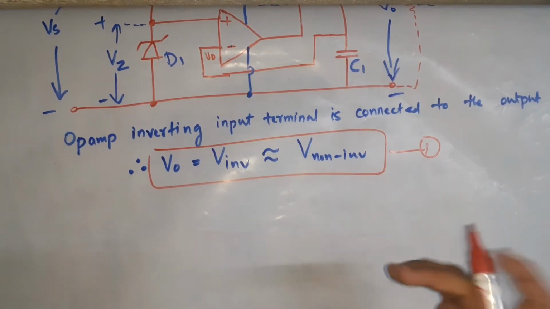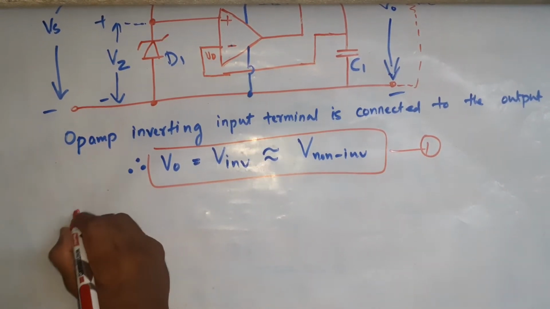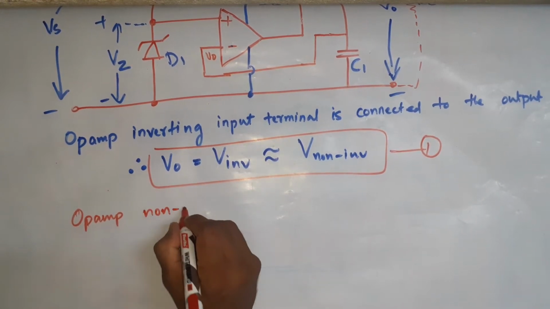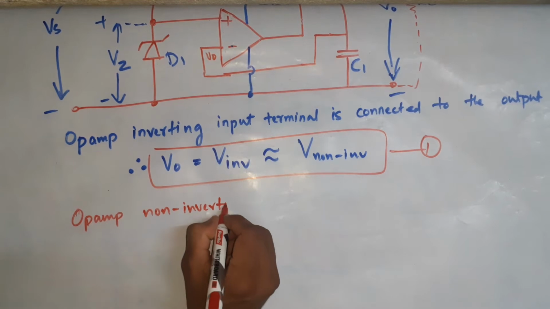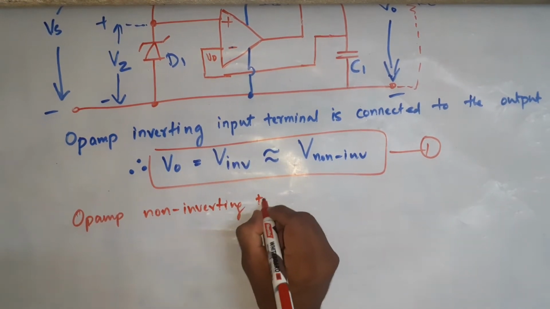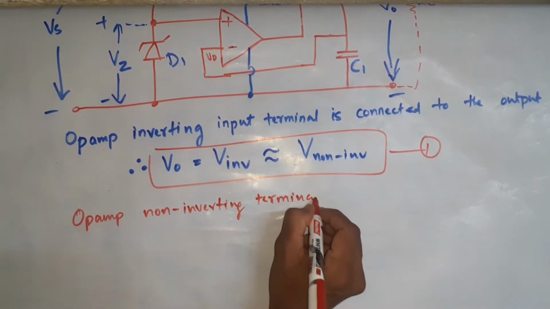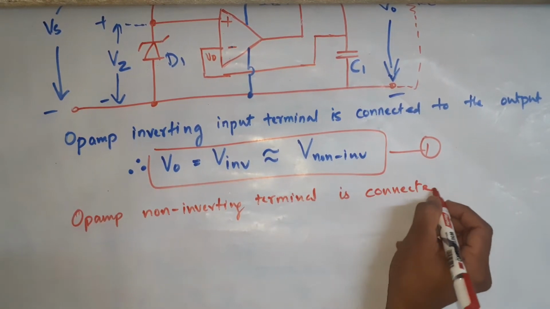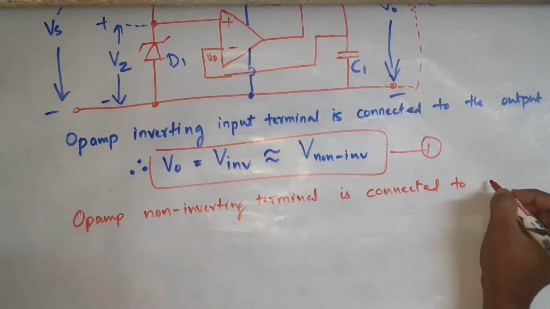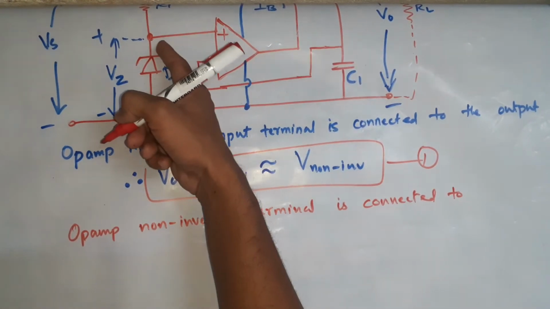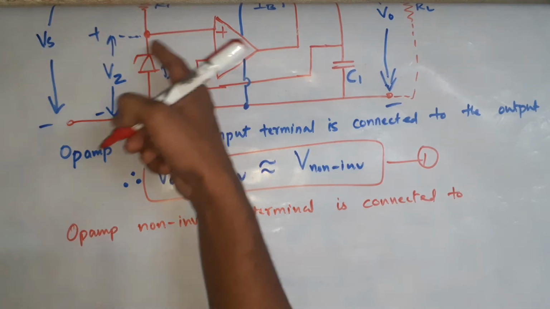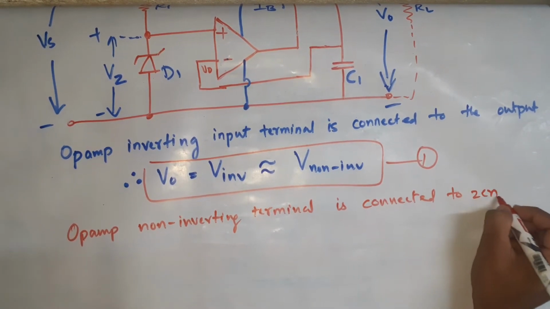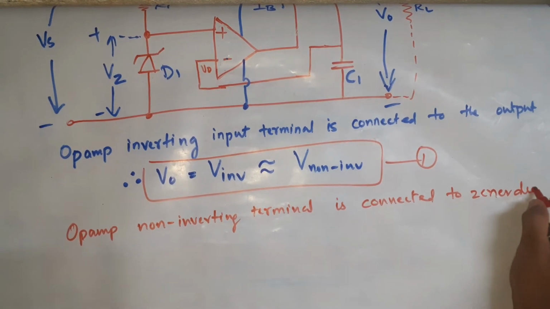Now one more statement I will write here. The op amp non-inverting terminal is connected to where? It is connected across the Zener diode.